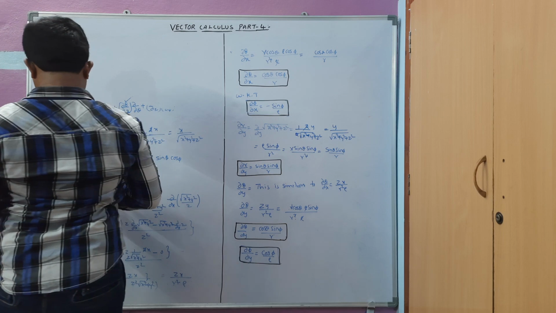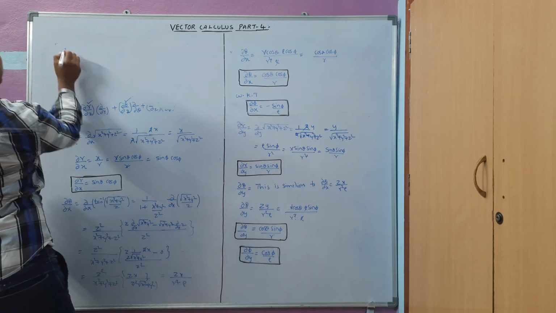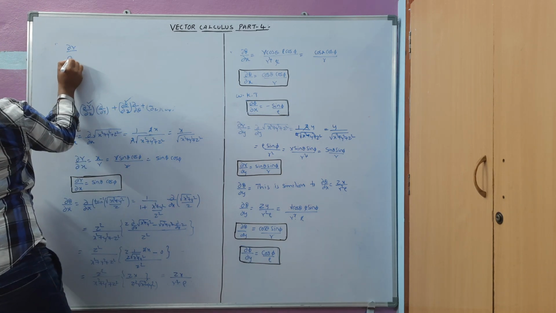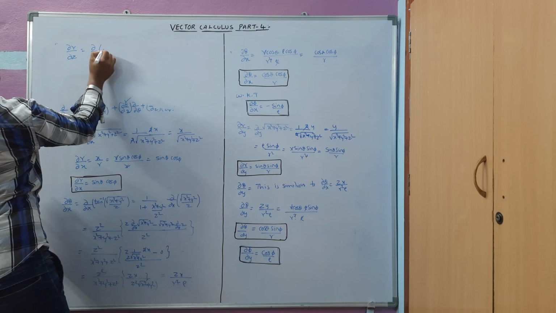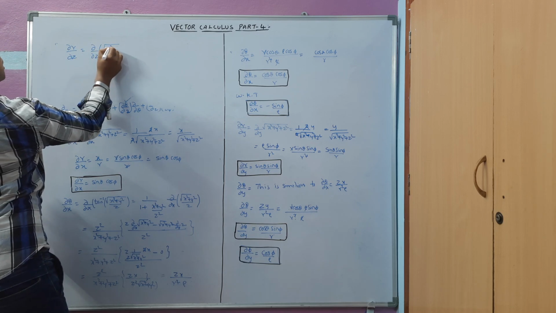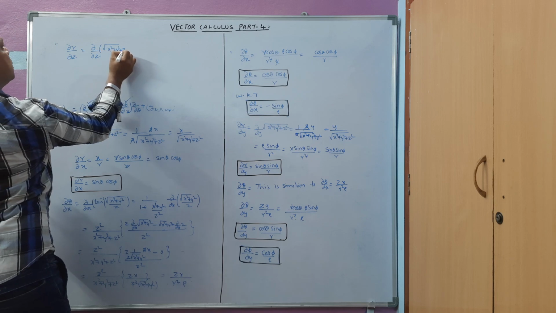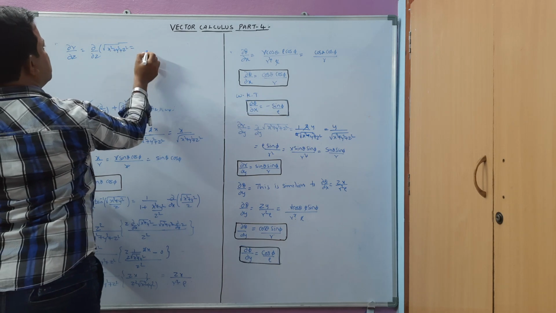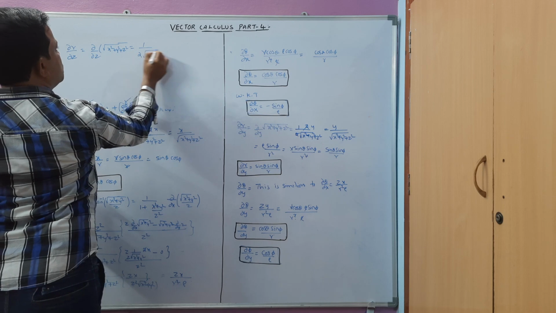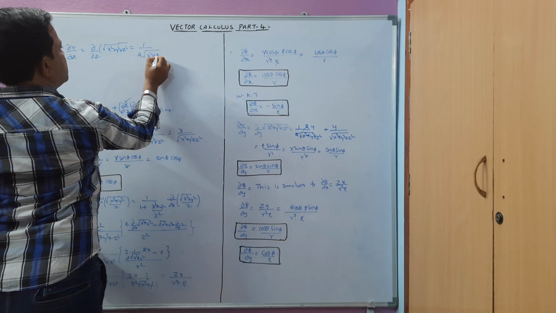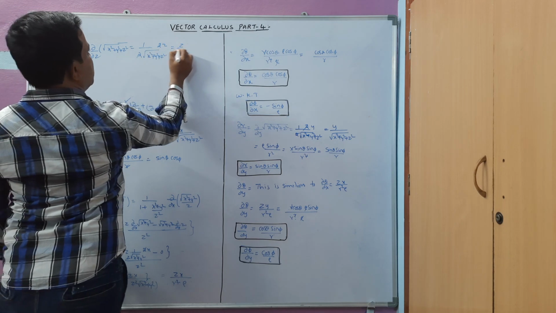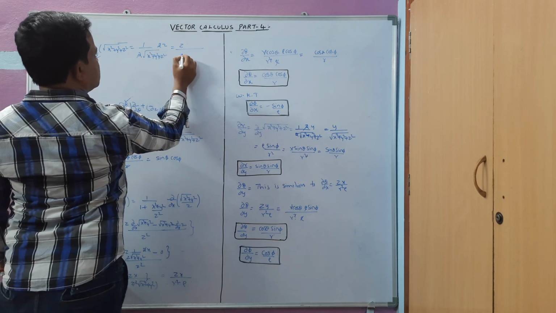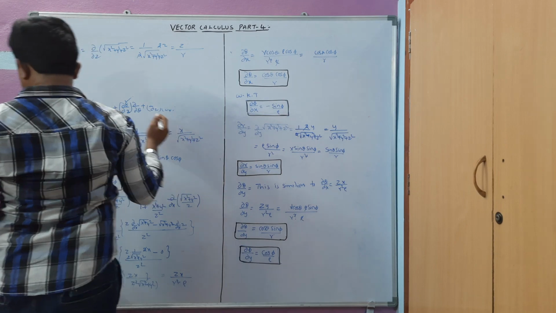So dou r by dou z. r means here, that is square root of x square plus y square plus z square. With respect to z we have to differentiate: 1 by 2 root x square plus y square plus z square into 2z, that is z by r.